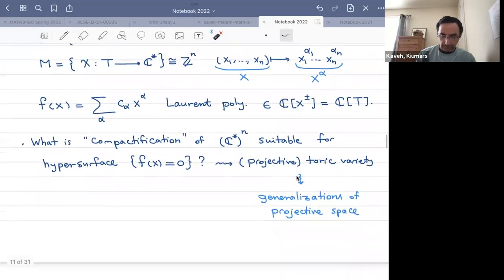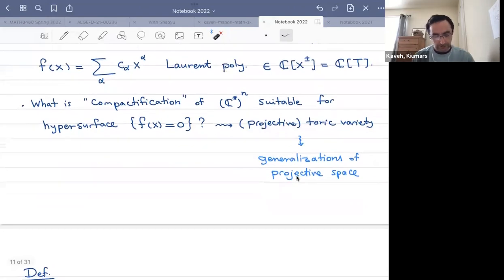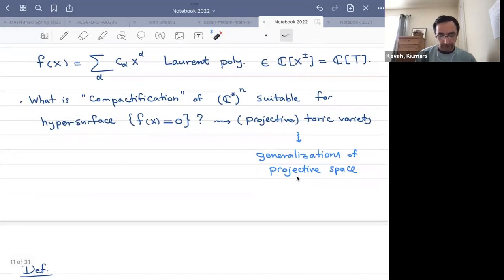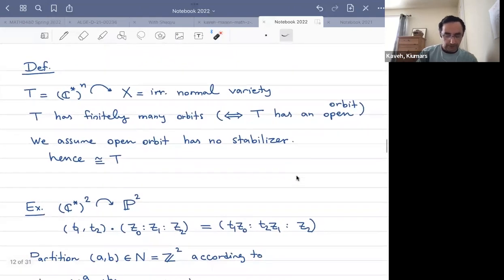And a toric variety is basically a natural compactification where a given Laurent polynomial has nice behavior at infinity. These are projective toric varieties, and this is the motivation to study and construct toric varieties from the point of view of Newton polyhedra theory. A general, formal definition is that a torus acts on an irreducible normal variety with finitely many orbits.